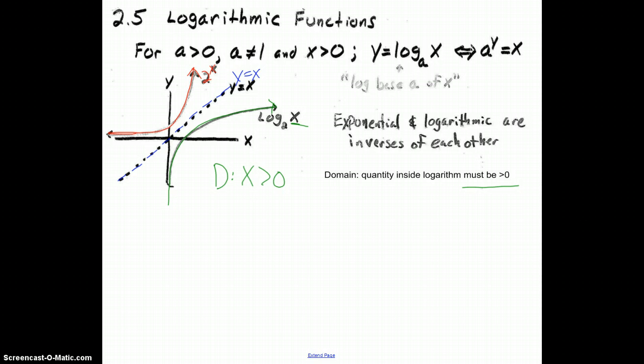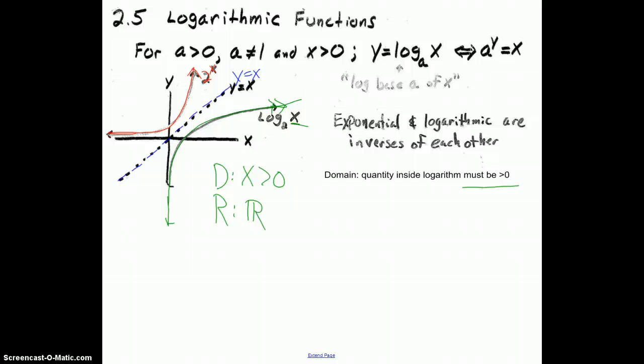There is a vertical asymptote at the y-axis. As far as the range, this graph continues going up forever, very slowly. So your range, all the possible y values, is all of them. It takes a long time to get to a very large y value, but you can still get to it.